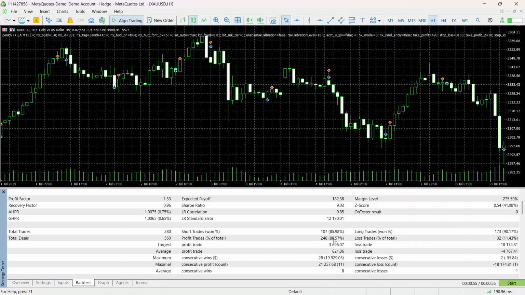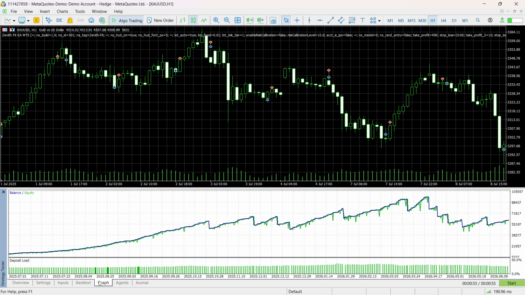You can see here, long is a bit stronger than short. But here's the thing you notice immediately when you look at the curve. Let's go back to the curve. The growth is not smooth, as you can see. There are long stretches of steady climb being interrupted by sharp deep drawdowns, like here, here, here. I'm sure you can see them without me pointing them out.